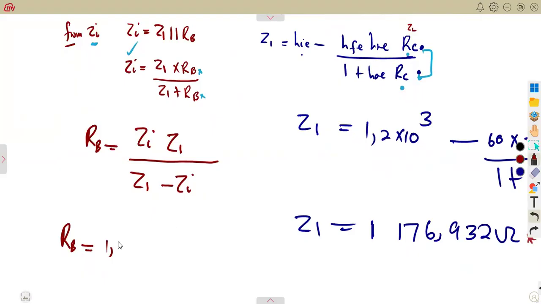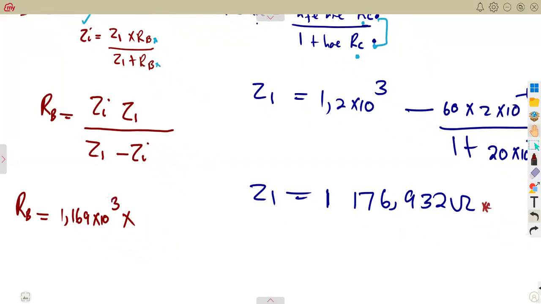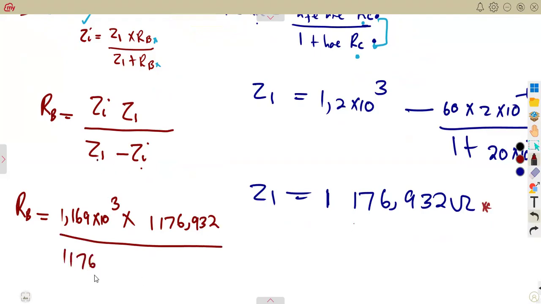So this is 1,169 times 10 to the exponent of 3 times Z1 as we obtained it here. Our Z1, 1,176,932 over what? Z1 minus Zi. So our Z1, 1,176,932 minus Zi at the input, which is 1,169 times 10 to the exponent of 3.